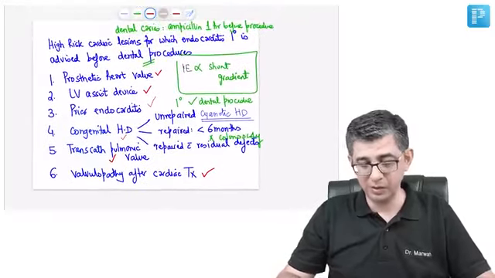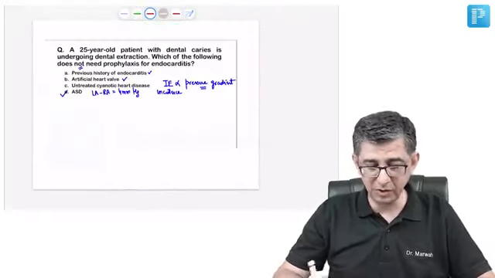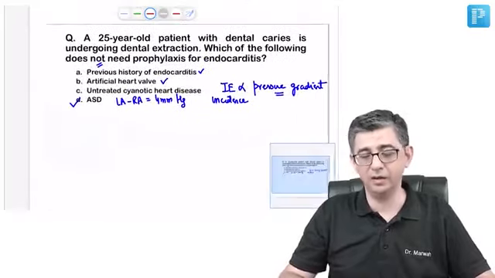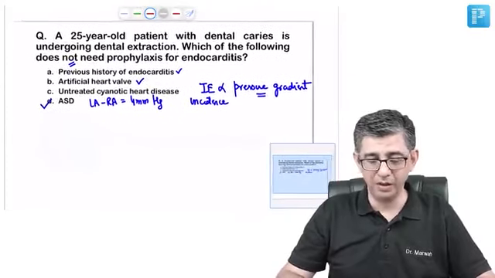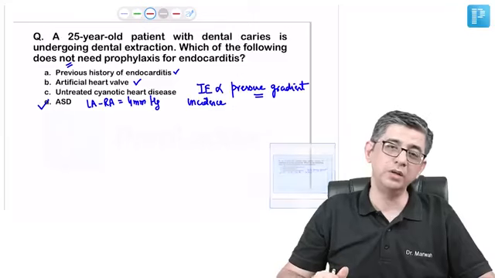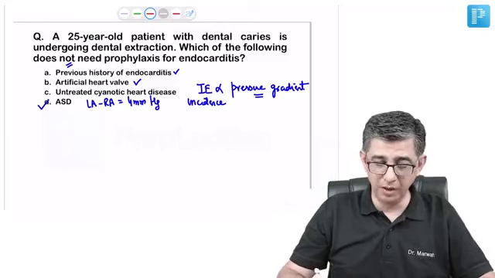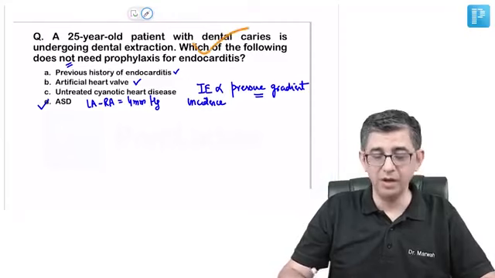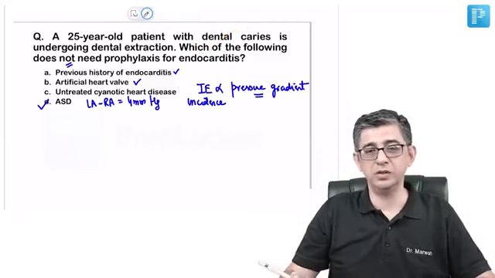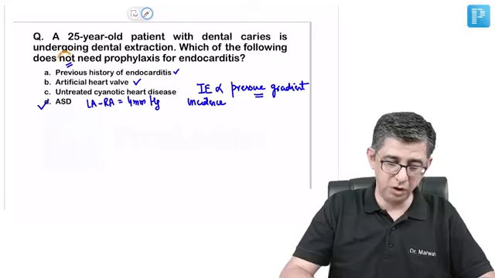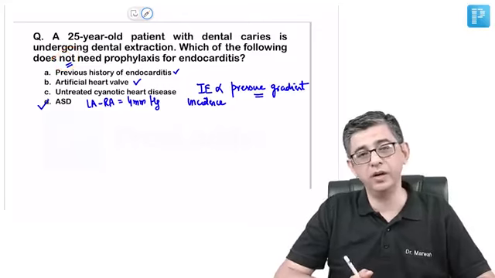In fact, these aspects that I have mentioned were just asked in the recently conducted 21st May exam, and I'm just showing the snapshot to you at the moment. In this NEET PG question, it said a 25-year-old guy with dental caries is undergoing a dental extraction. Which of the following conditions does not need prophylaxis for endocarditis?